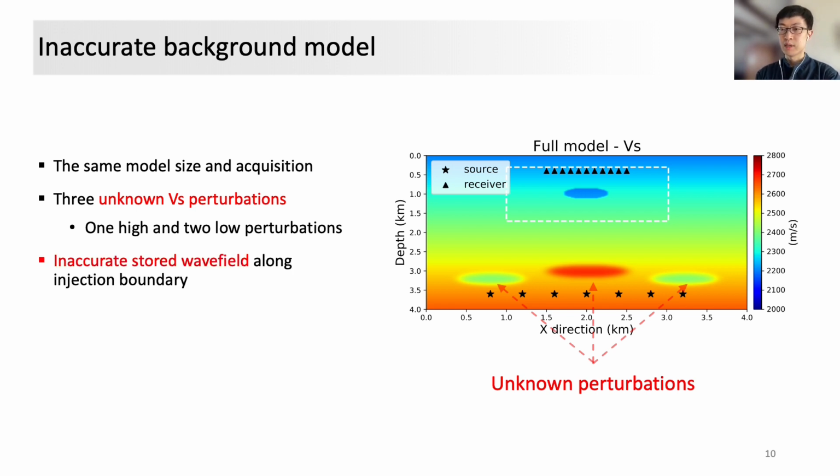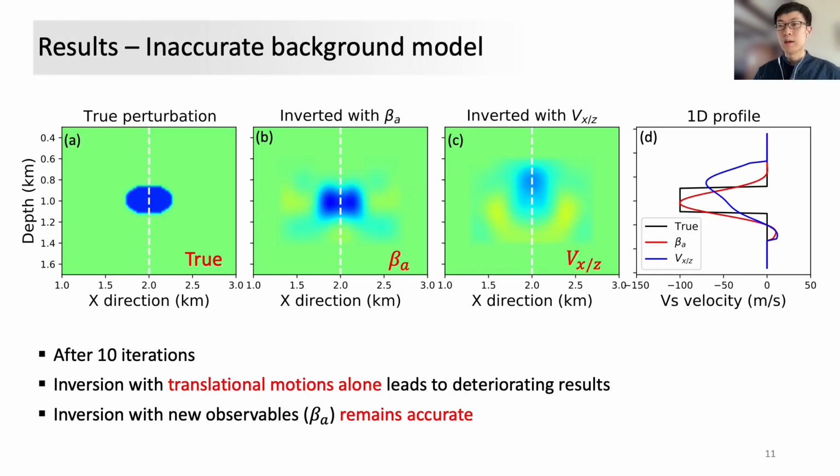That is to say, the stored boundary wavefield and the subsequent local simulations may be inaccurate. Apart from that, those unknown perturbations during the localized inversion can't be corrected, since the model updates are only allowed within the target region. Now let's check how our localized inversion behaves with different seismic observables.